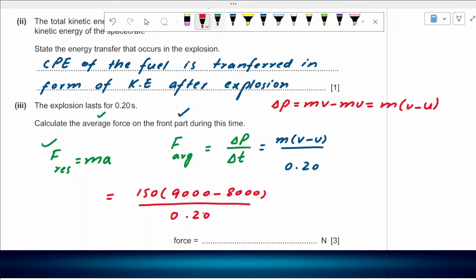So it should simply be 150 multiplied by 1,000, that is 150 with three more zeros, divided by 0.2. We get 75 with 4 zeros, that is 7.5 into 10 raised to the power 5.